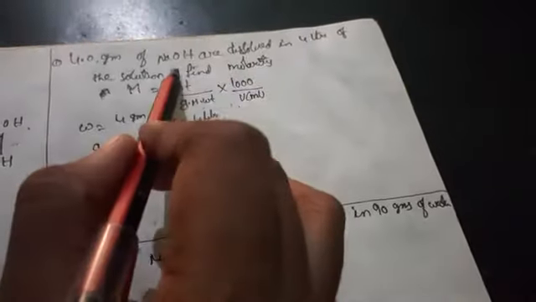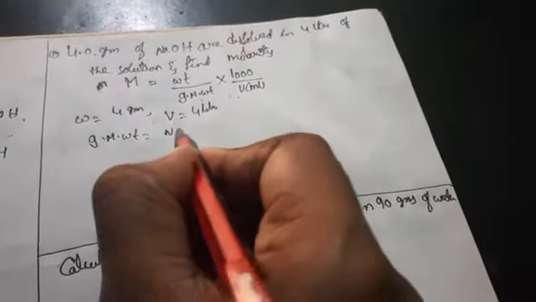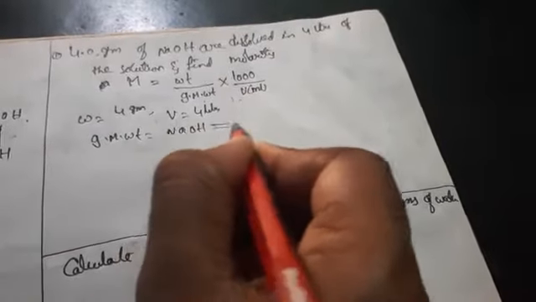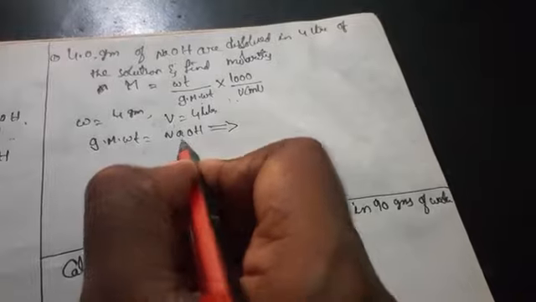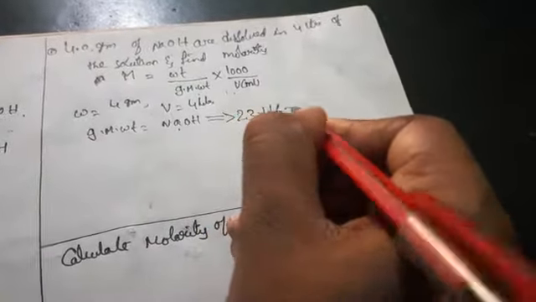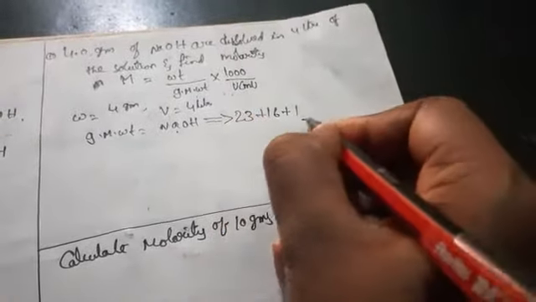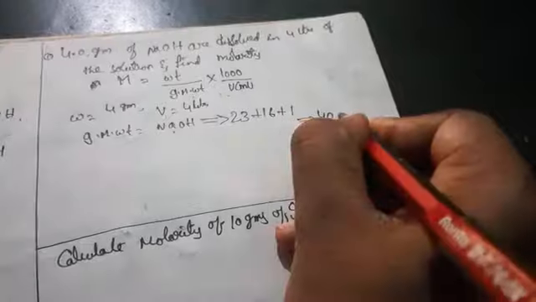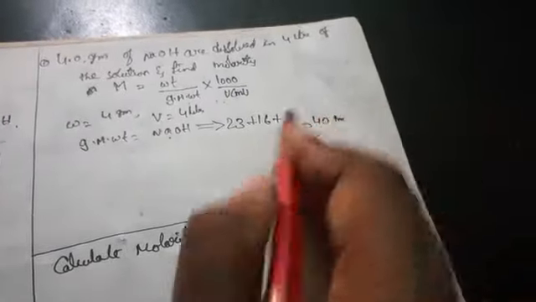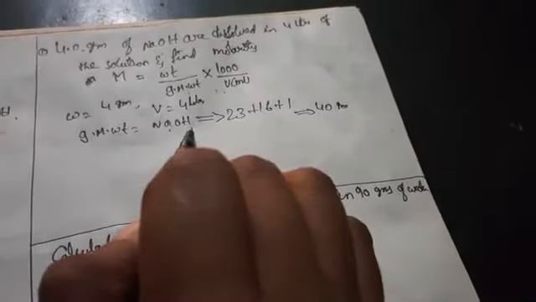For which compound? NaOH. What is the atomic weight of Na? 23, oxygen 16, hydrogen 1. When you add these all, you get 40 grams. So 40 is the molecular weight of NaOH.